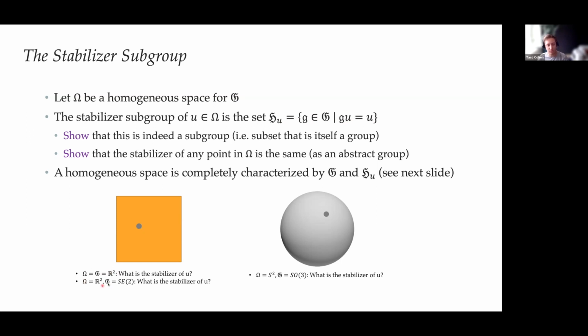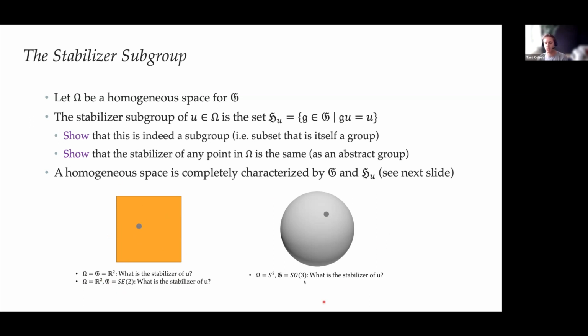However, if you consider the group SE2, that is continuous rotations and translations acting on the plane, then the stabilizer is the group SO2, the group of two-dimensional rotations around this point. Any translation will move it away, but any rotations around this point will leave that point where it is. So that's the stabilizer of this point if you consider this a homogeneous space for the group SE2.